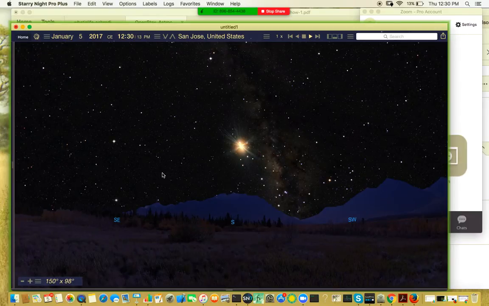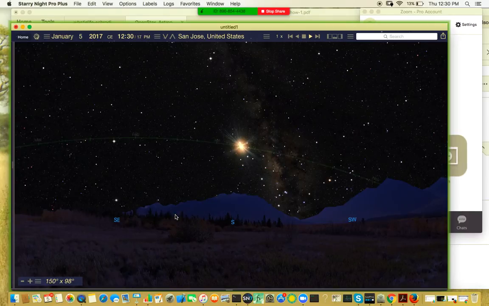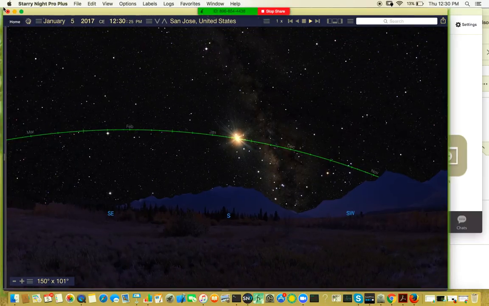The ecliptic is one of these lines that defines the Sun's position in the sky all through the year. It's also the name of Earth's plane of rotation. Let me bring up the planets and the Moon. There you go. So that's where the planets Mercury, Saturn, Venus, and Mars are.